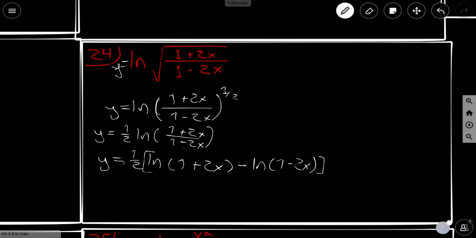Okay, now I'm going to go ahead and differentiate. It's going to give me. I'm going to go ahead and simplify a couple steps in the differentiation process.